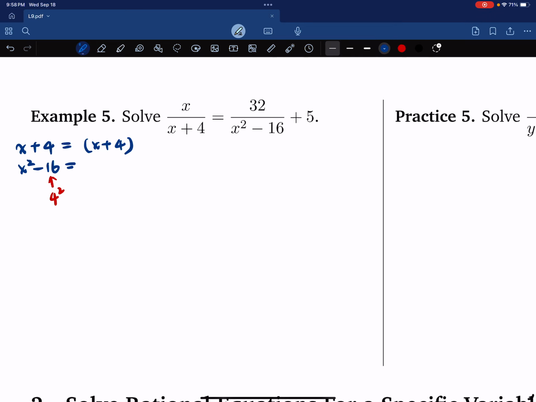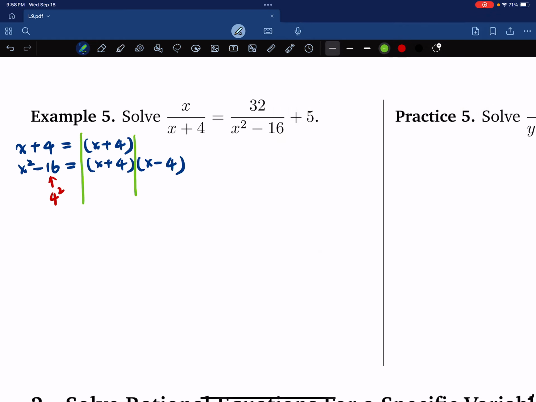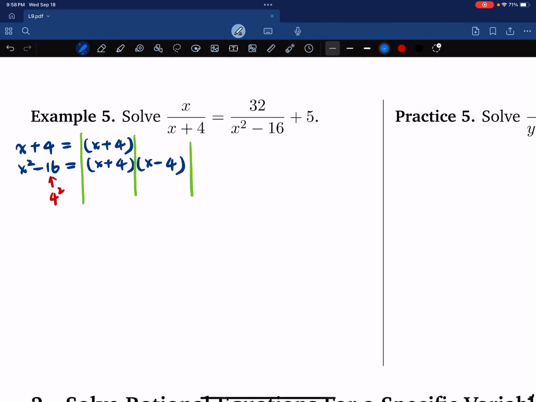So we can apply the factoring formula. It's just x plus 4 times x minus 4. And then we're going to apply the vertical factors. So we know that the LCD is simply the product, x plus 4 times x minus 4.